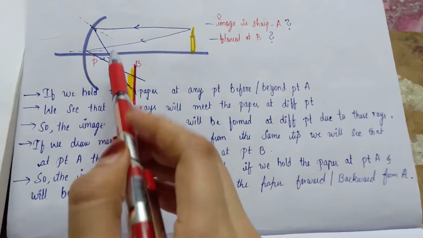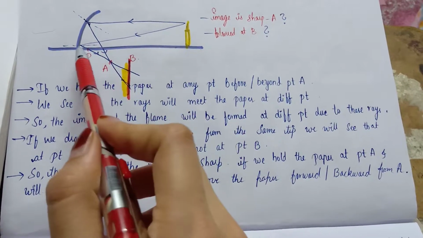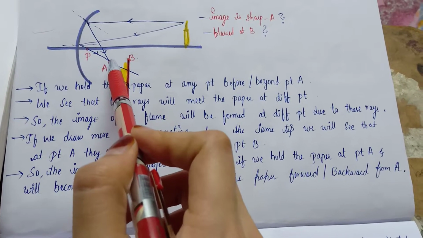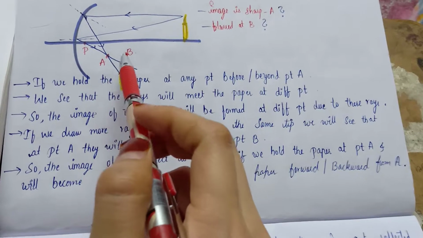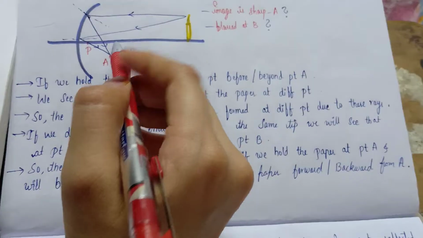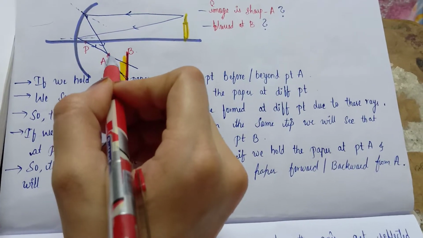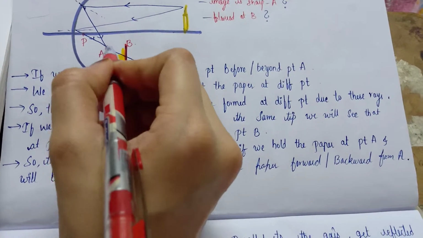As you can see here, these two rays meet at a point A, which means the image of the flame will be formed at point A.